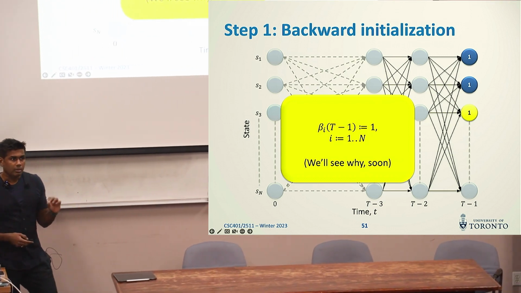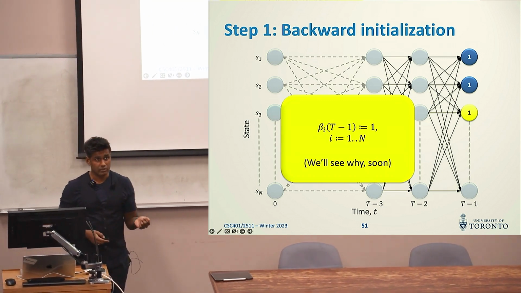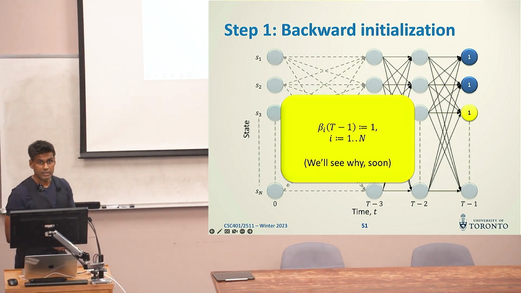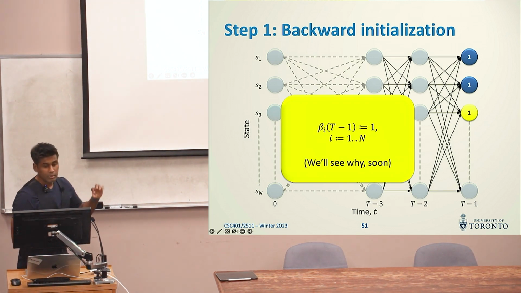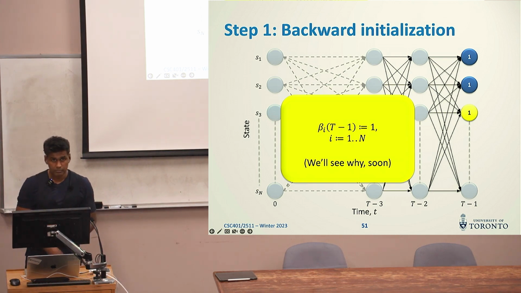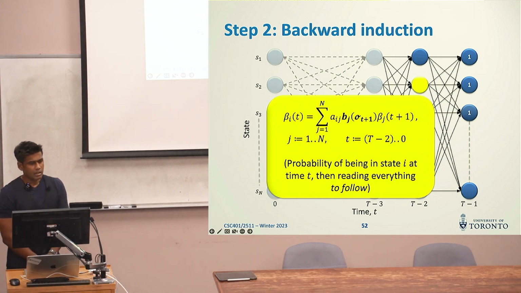There isn't a good probabilistic interpretation for 1. It's more for algorithmic convenience, and you'll see that by setting it to 1, in the end everything falls into place. We initialize the last column, the beta values for all the nodes, as 1. Then we have the backward induction.